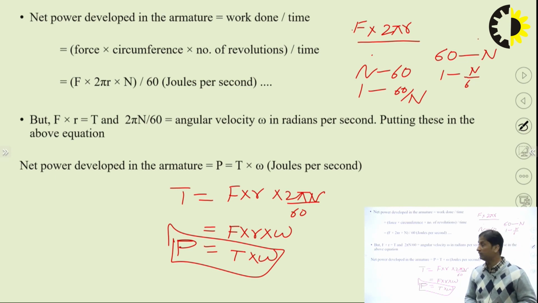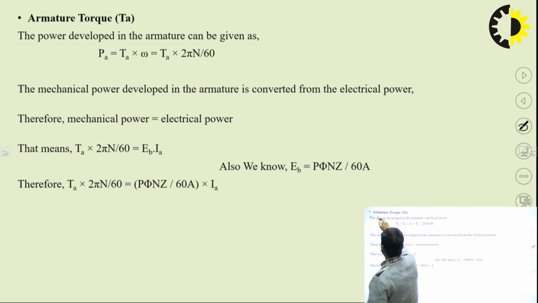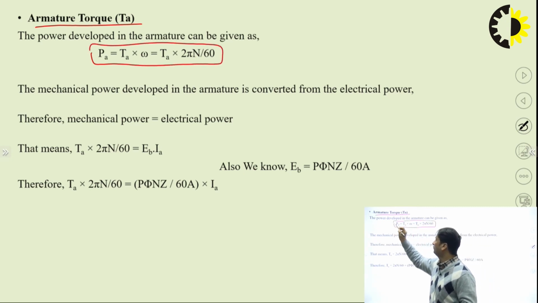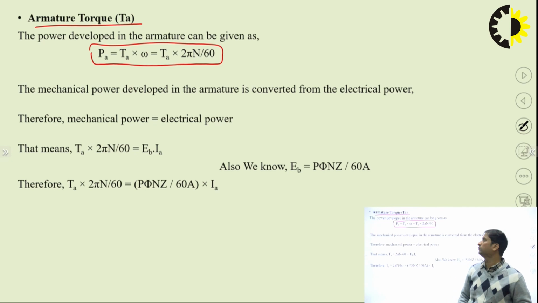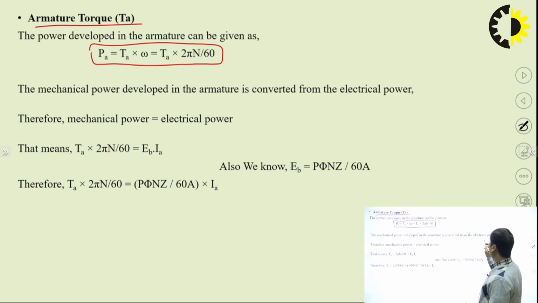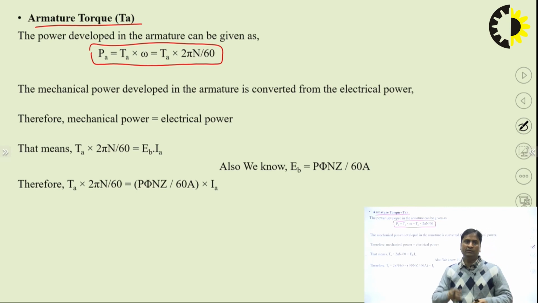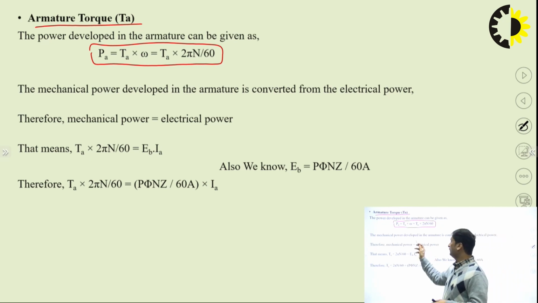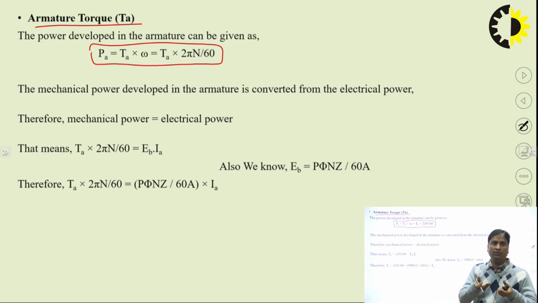Let us discuss the armature torque T_A. The net power is equal to torque into angular speed omega, that is 2 pi N by 60. The mechanical power developed in the armature is converted from the electrical power, which is E_B into I_A.